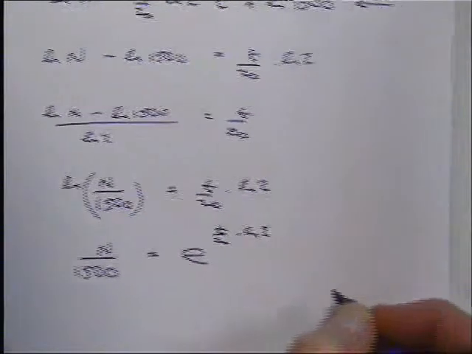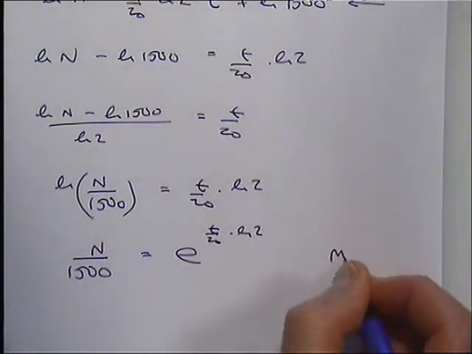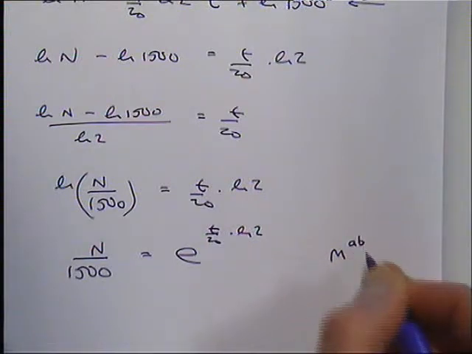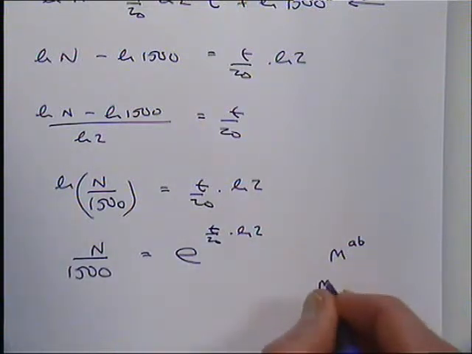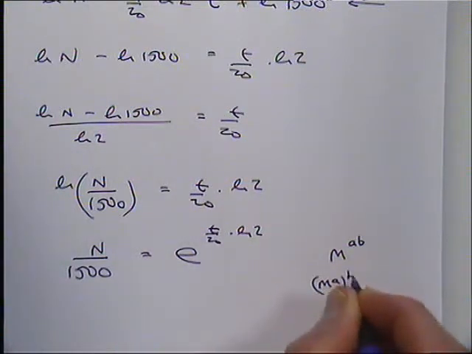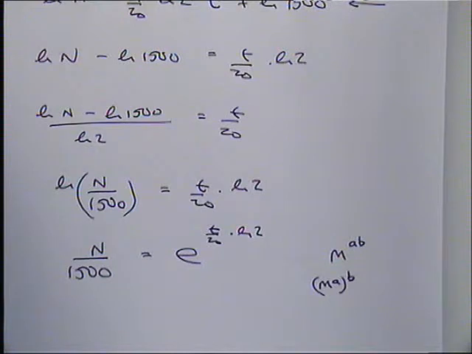If you think back to main school maths, if you had, for example, m to the power of ab, was there another way you could write that? Thinking laws of indices? M to the A, M to the B. M to the A to the B, or the other way around. M to the B to the A. They're all the same using laws of indices, which you did in probably year 9.